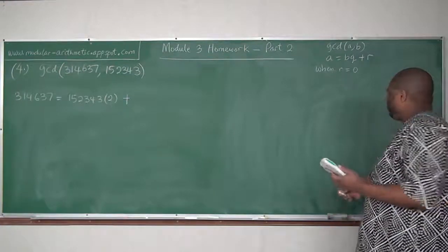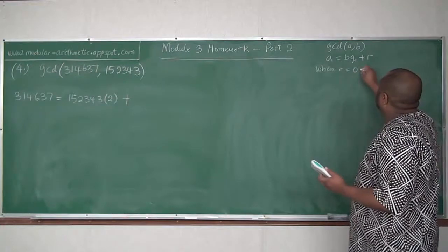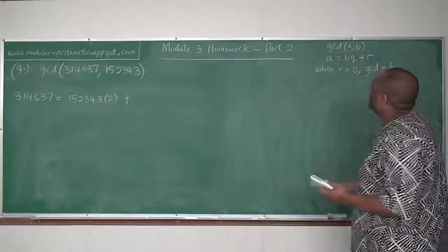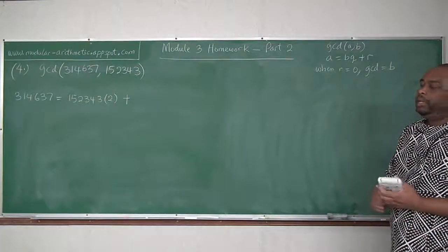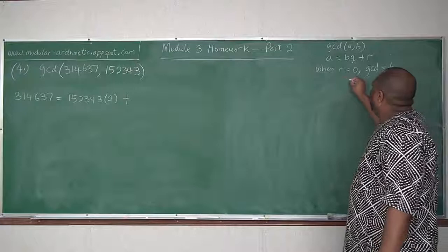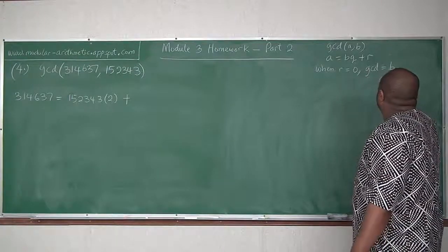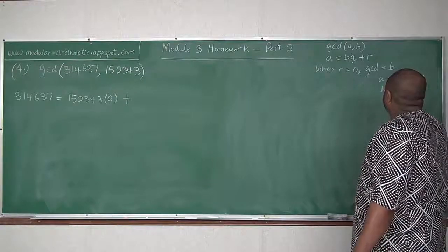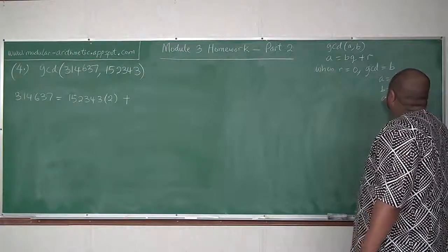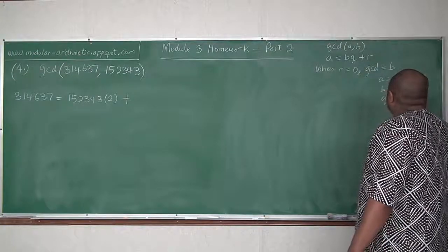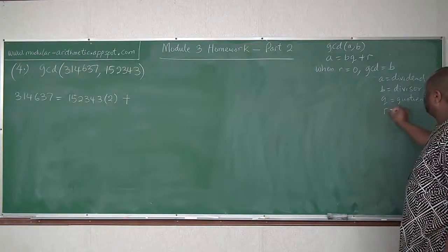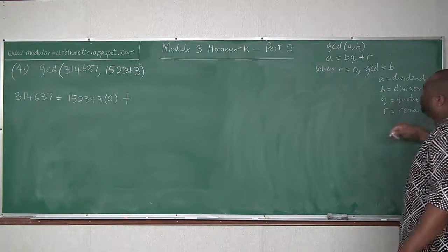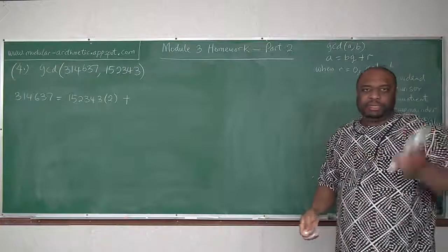When R is 0, the GCD will be B, the divisor. We already explained these concepts in those videos.